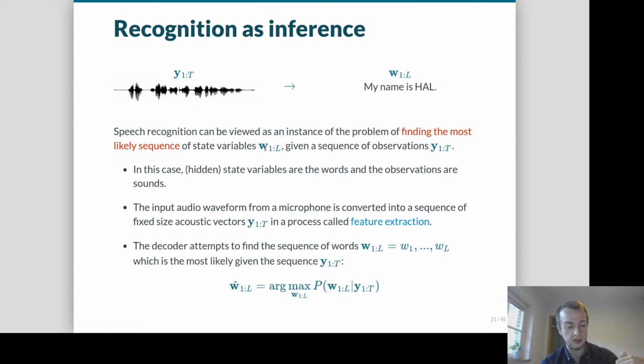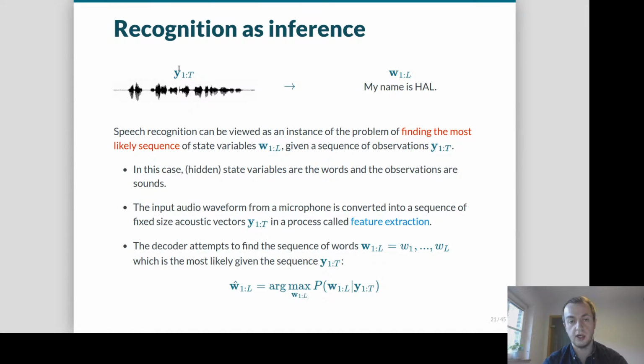The only thing that you observe are utterances of these words, so like a spoken version, a speech version of these words, and so this is this input sequence, this waveform.